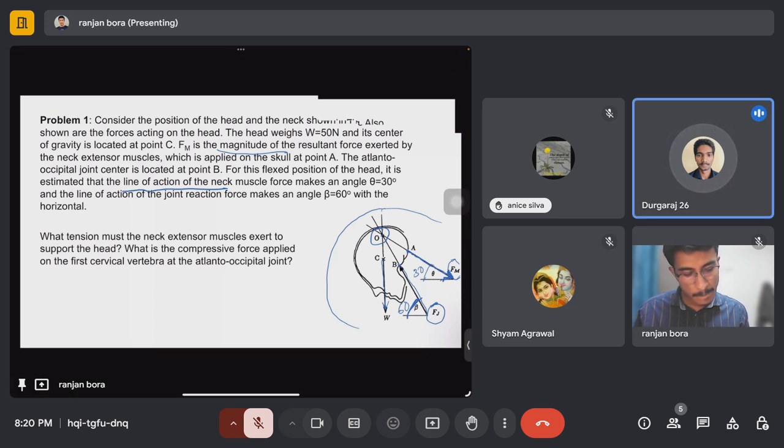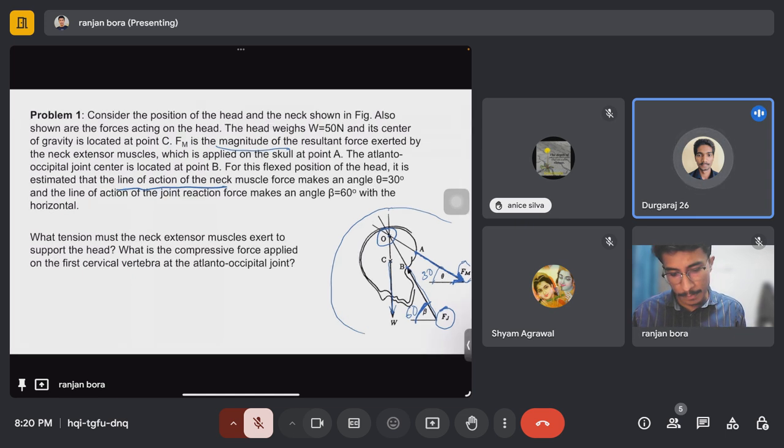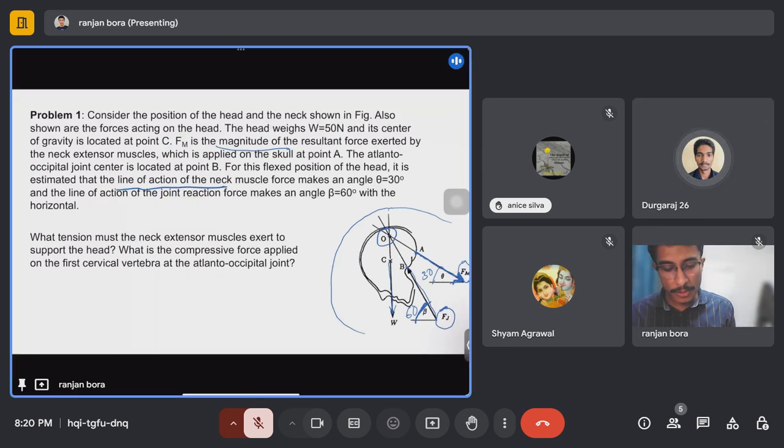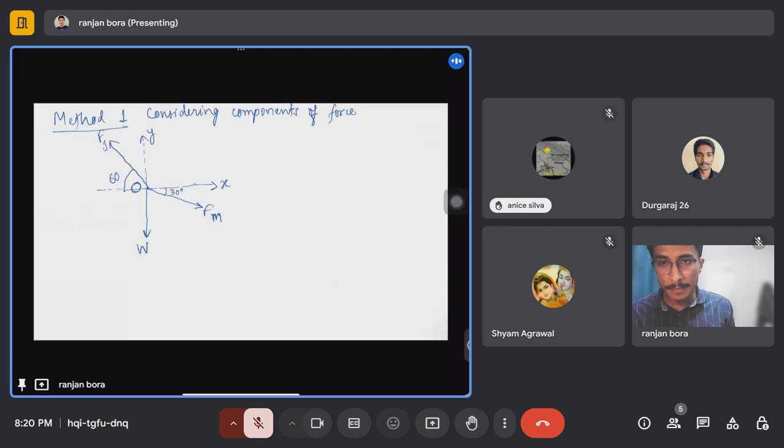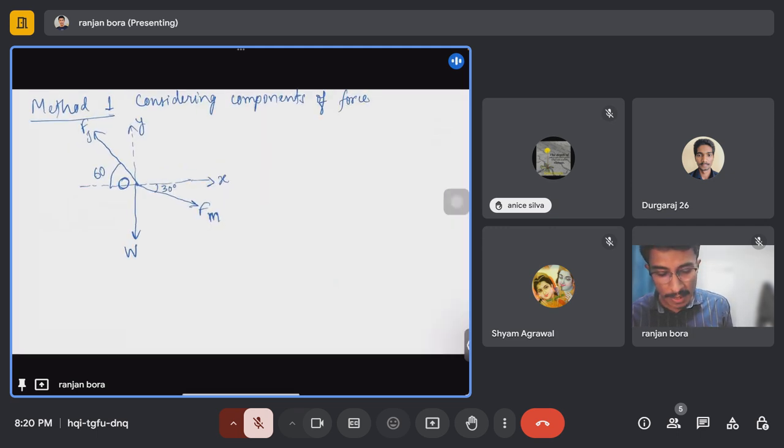But the arrow pointing in Fm is downward. Yes, so the force is acting backward. I have also shown that. See here, Fm is acting in this direction, downward. Oh, downward direction. Okay. Yeah, and weight W is given as 50 Newton.